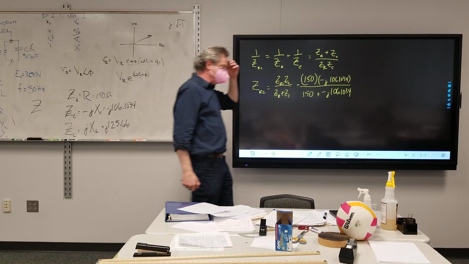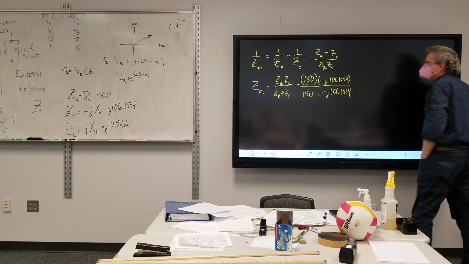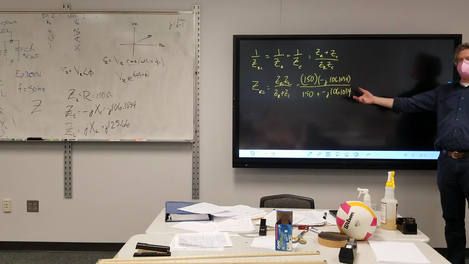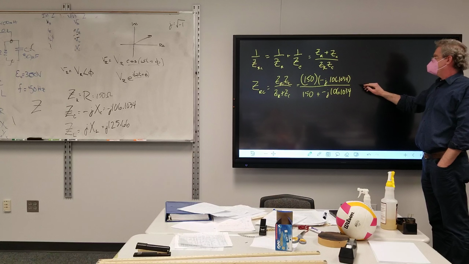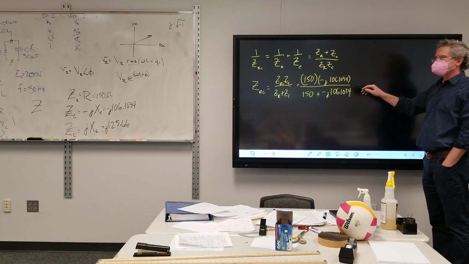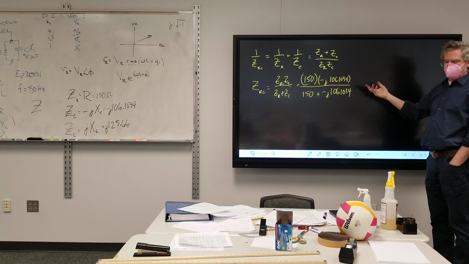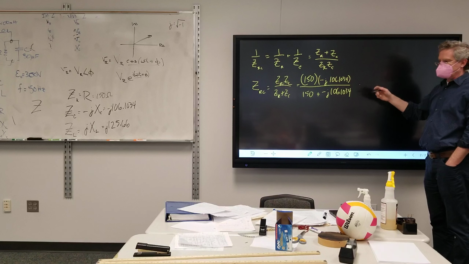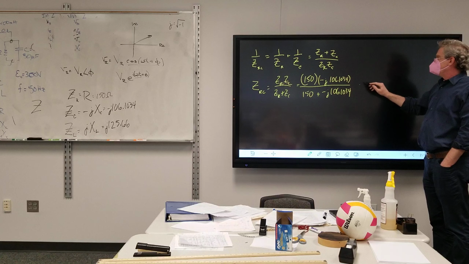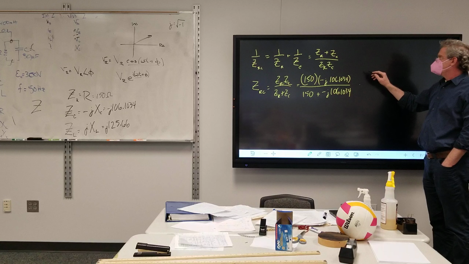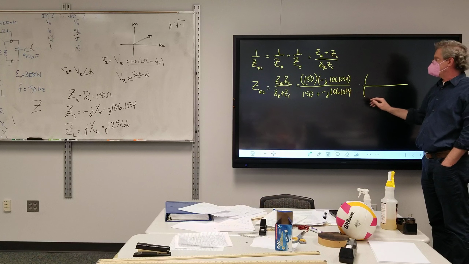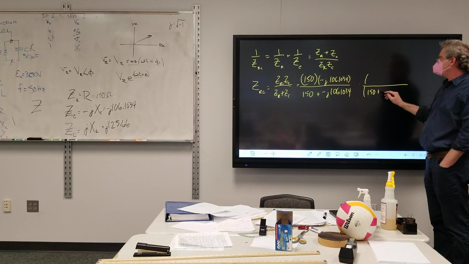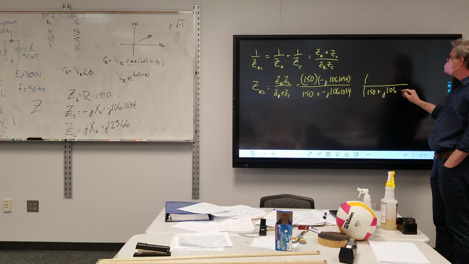Now it's not a particularly convenient form, so we need to rationalize the denominator, or whatever it's called. I guess it's not irrational. Multiply by the complex conjugate. So we multiply top and bottom by the conjugate of this one, 150 plus j 106.1034.